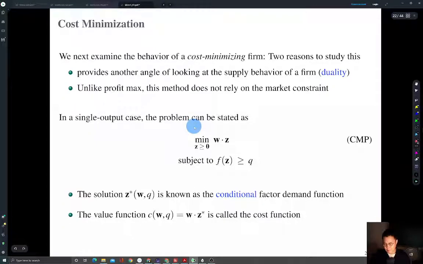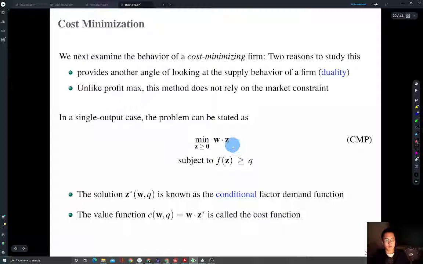Think about a firm producing a single output, so we consider single output technology. In order to produce a certain output, the firm has to employ inputs. So now we can regard the firm as a consumer, demanding several inputs in order to produce Q.